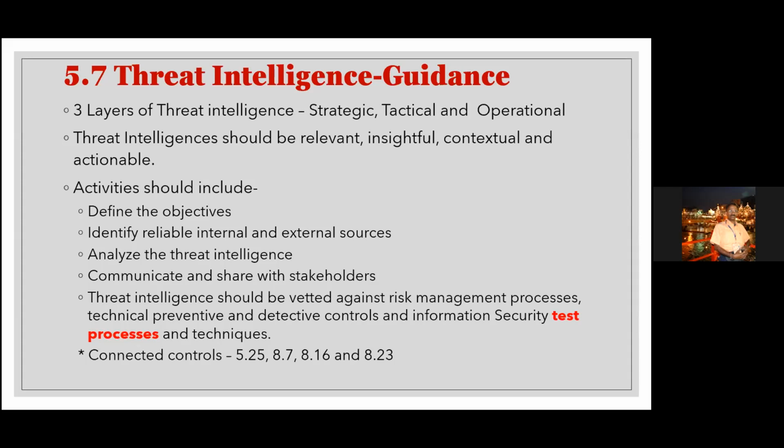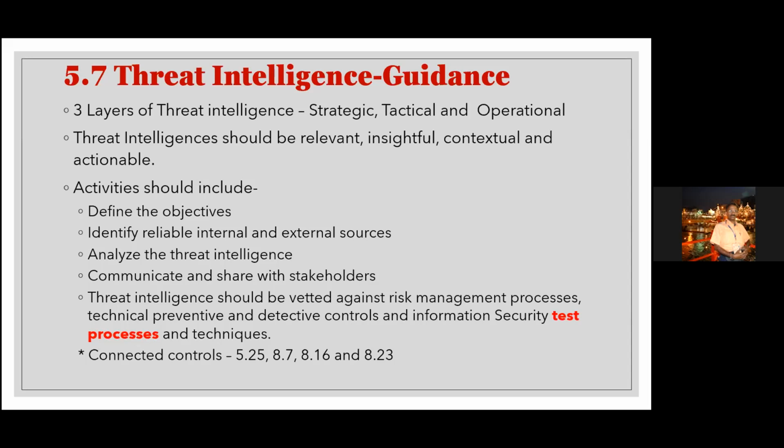The threat intelligence activities should include defining the objectives, what we want to achieve by this control; identifying reliable internal and external resources; analyzing the threat intelligence in a systematic manner; and communicating and sharing with all the stakeholders connected to this domain. Threat intelligence should be vetted against the risk management process, technical preventive and detective controls, and information security test procedures.